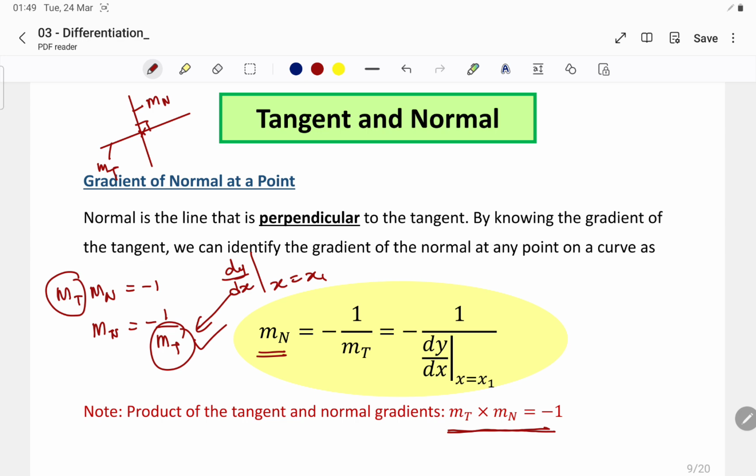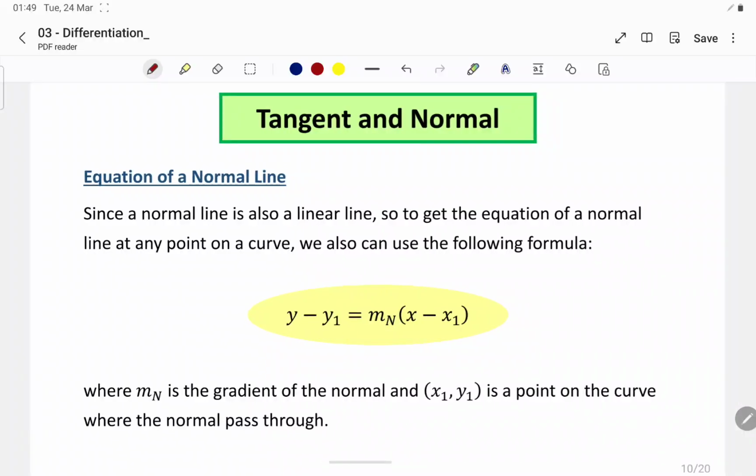So why do we need to find the gradient of normal at a point? It is because the question can ask you to find the equation of the normal line. Just now we learned how to find the equation of tangent line, but in your exam paper, they might also ask you how to find the equation of a normal line.